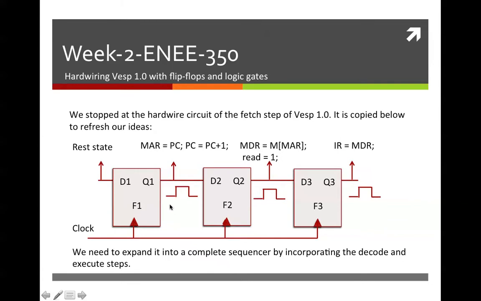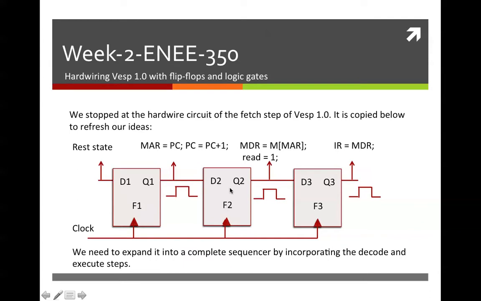And what really happens is very quickly that we transition from what we call the rest state, the initial state, to a state where we load the program counter into MAR and then increment the program counter for the next instruction to be fetched, and that takes 1 clock cycle basically. And so that 1 clock cycle is consumed effectively by this flip-flop.